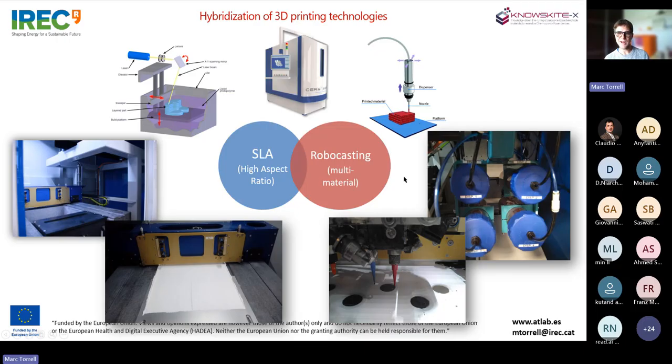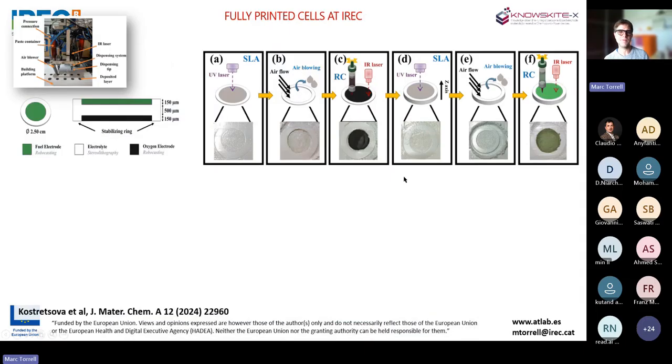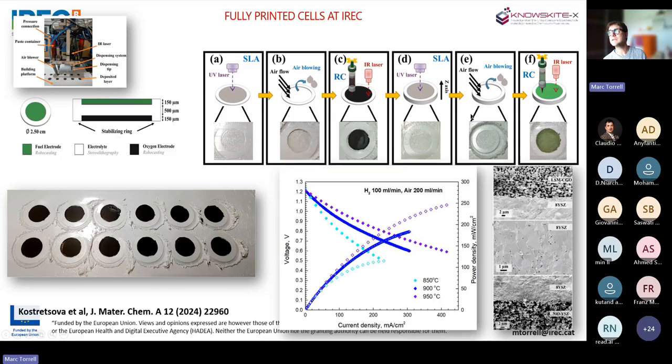This has been hard work for a PhD student that already finished, and here you have the scheme of how the processing works. First we print the electrolyte, then we blow off the uncured paste. By robocasting we print the different electrodes, and here the critical part has been the co-sintering of these different materials with different thermal expansion coefficients, dense and porous ceramics, and how to find the conditions to make a co-sintering of everything.